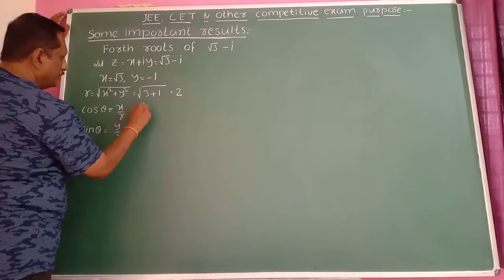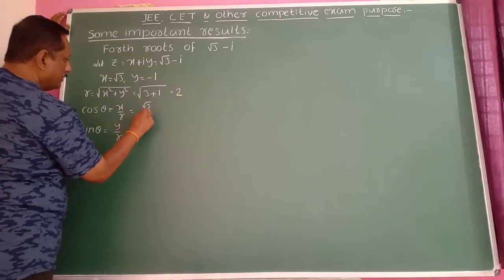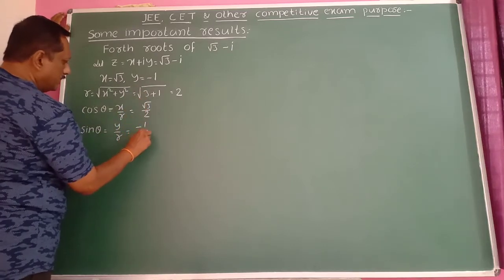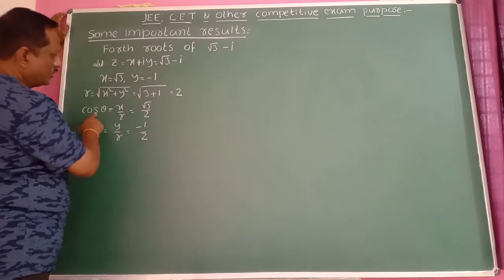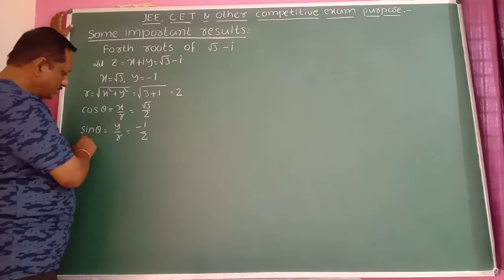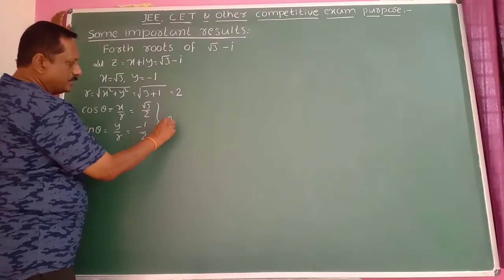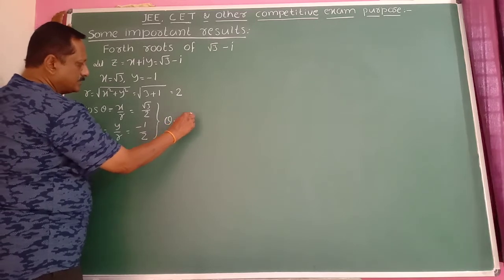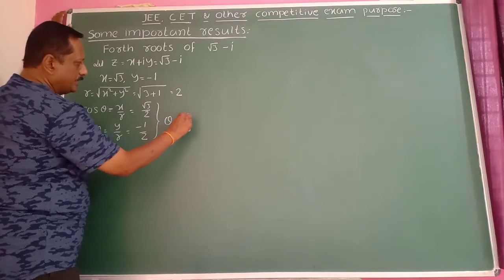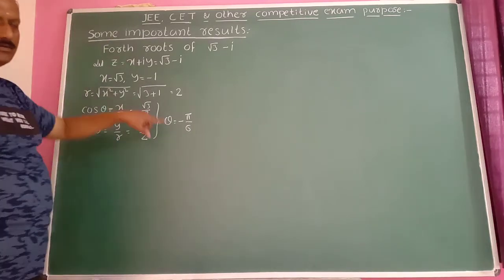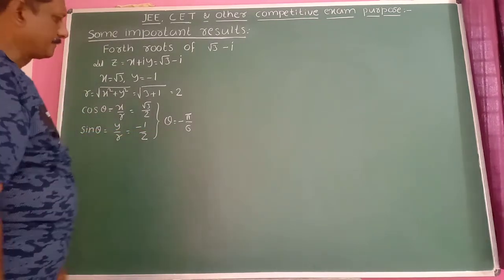Therefore cos theta is root 3 divided by 2, and y is minus 1 and r is 2. Cos is positive and sin is negative. So according to the table, the amplitude is minus 5 pi divided by 6. Cos positive, sin negative, in that case the amplitude is minus 5 pi by 6.